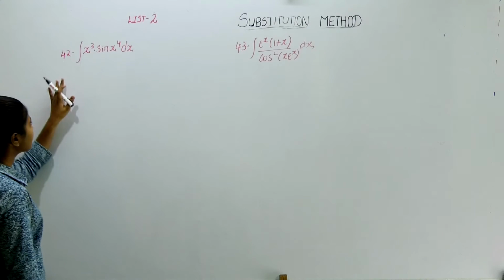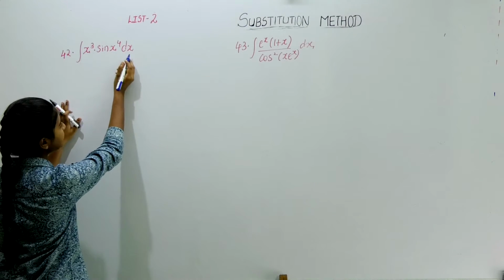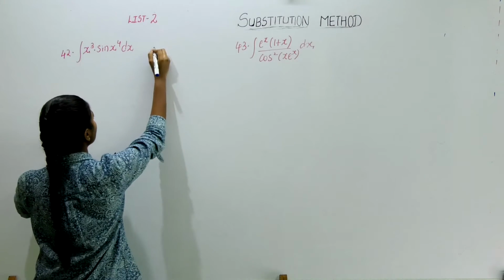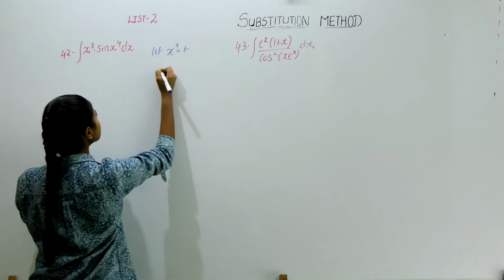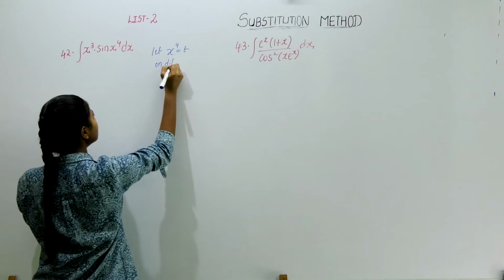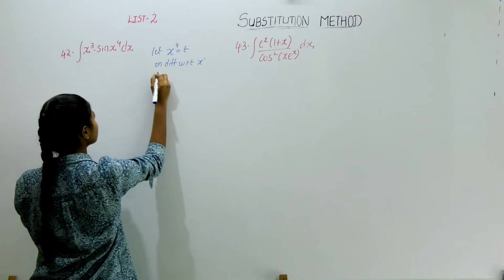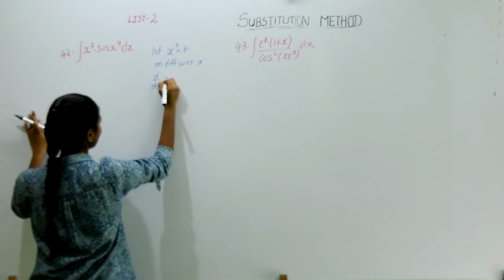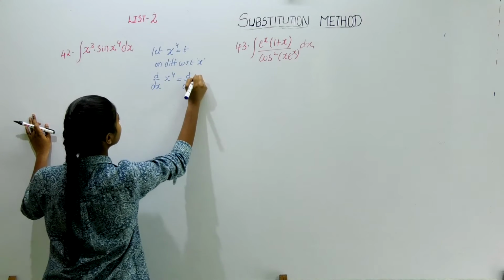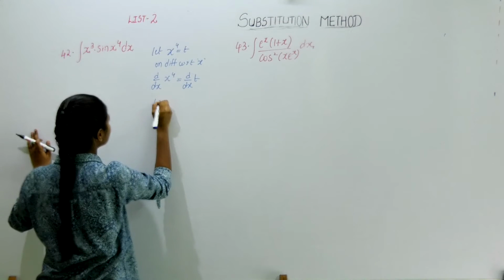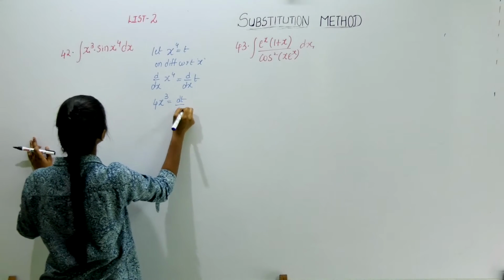Next one, 42nd question. It is given as integral x cube into sine x power 4 dx. To solve this, let us assume x power 4 is equal to t. On differentiating with respect to x on both the sides, d by dx of x power 4 is equal to d by dx of t. d by dx of x power 4 is 4x cube. It is equal to dt by dx.